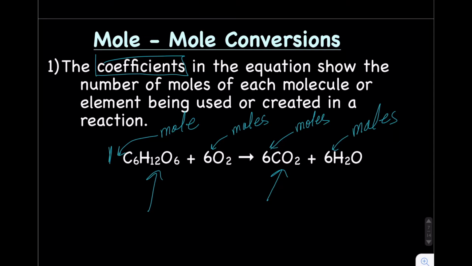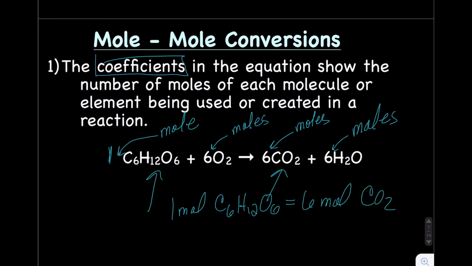So we could write that down. You could actually say 1 mole of C6H12O6 equals 6 mole of CO2, right? Because you need a mole of C6H12O6 to make 6 moles of CO2.